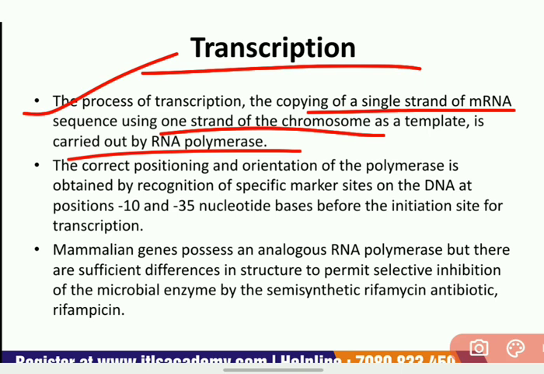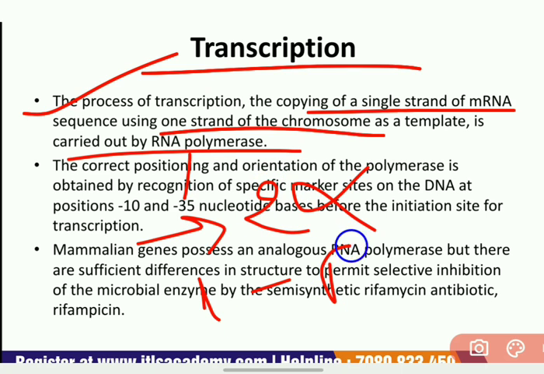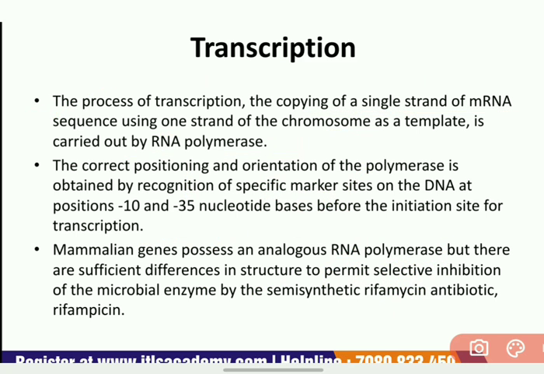RNA polymerase is a complex of four proteins, that is 2 alpha, 1 beta and 1 beta prime subunits. These are the subunits of RNA polymerase which make up the core enzyme.